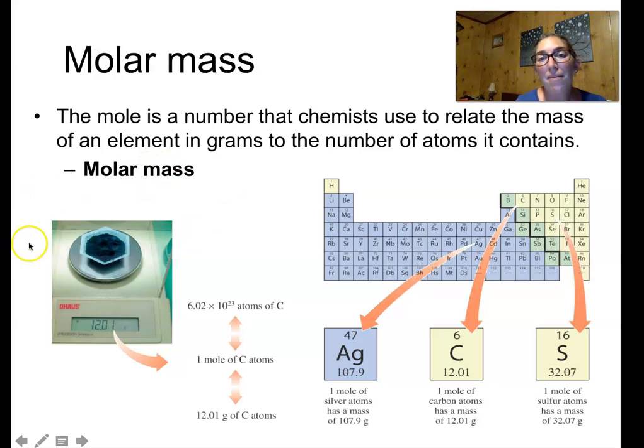But if you know how many moles are in a certain mass, you can count atoms if you know the mass. So it's how we convert the mass from the periodic table in atomic mass units. So carbon is 12.01 atomic mass units, one atom, or an average carbon atom. And if you have a mole, 6.022 times 10 to the 23rd carbon atoms, it will weigh 12.01 grams.